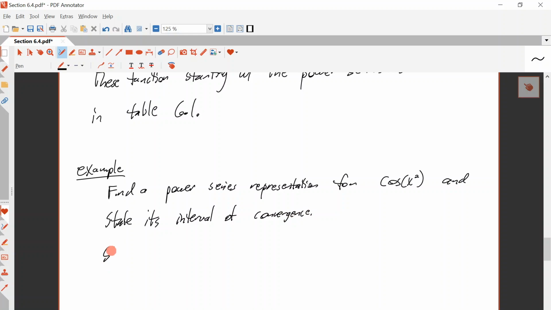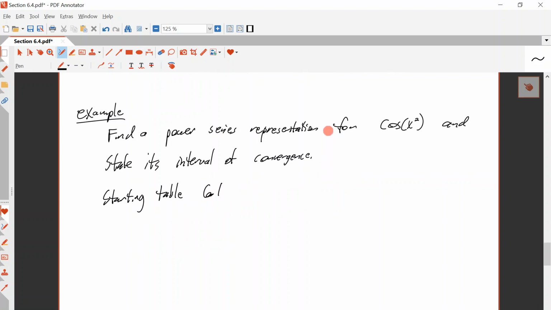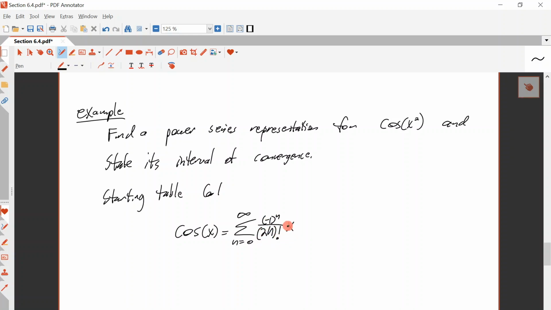Okay, so starting with table 6.1, cosine of x is equal to the sum n equals 0 to infinity of minus 1 to the n over 2n factorial x to the 2n for all x.